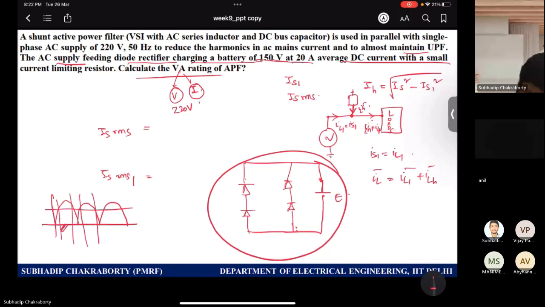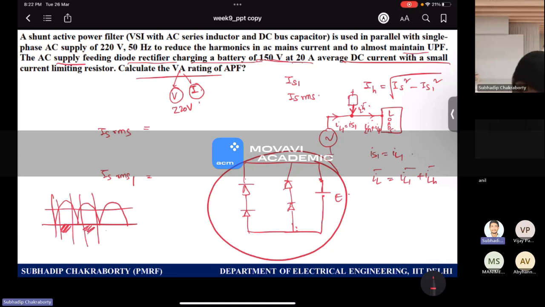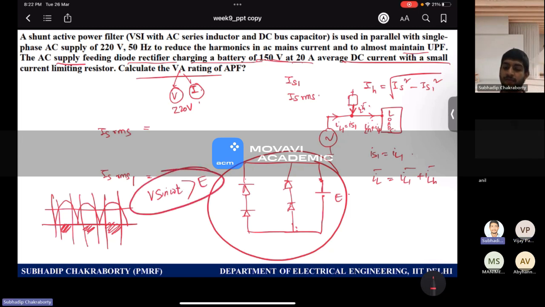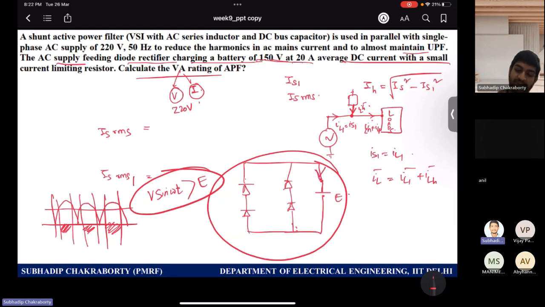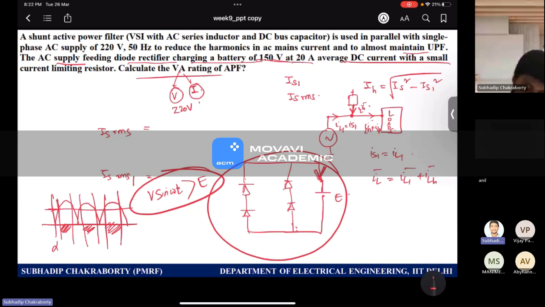Agreed or not? When your V sin omega t is greater than E, then only the power can flow in this direction to charge the battery.